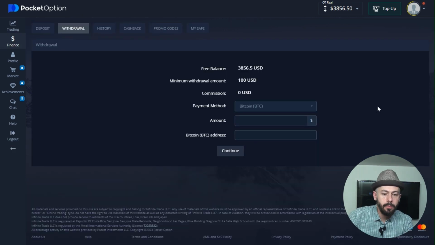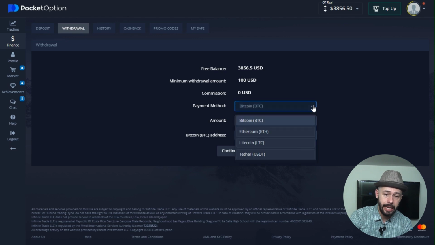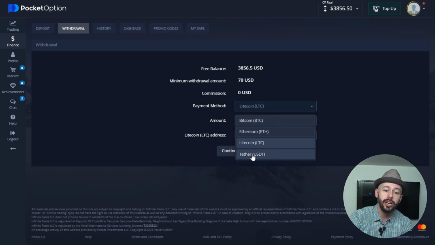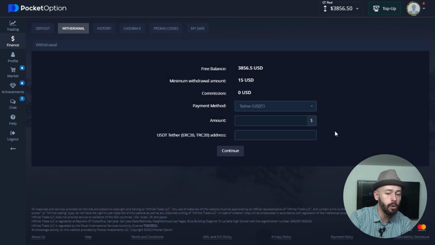How to withdraw money from Pocket Option? I do it in crypto. The broker allows withdrawing funds to any of your wallets in the most popular coins. I usually withdraw in USDT. It's the most convertible currency on any exchange in any country in the world.